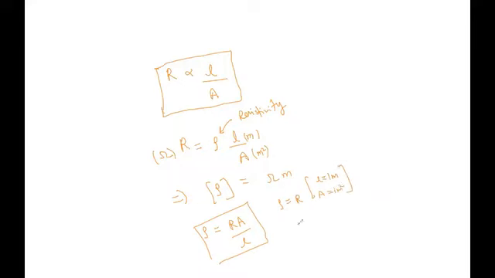Okay, तो मैं कैसे डिफाइन कर सकता हूँ resistivity, then resistivity of a substance is numerically equal to the resistance of a substance which is 1 meter long and 1 meter square cross sectional area.